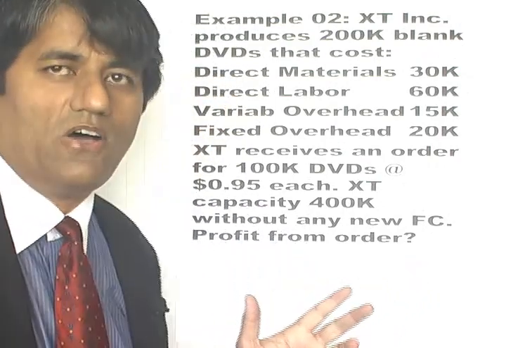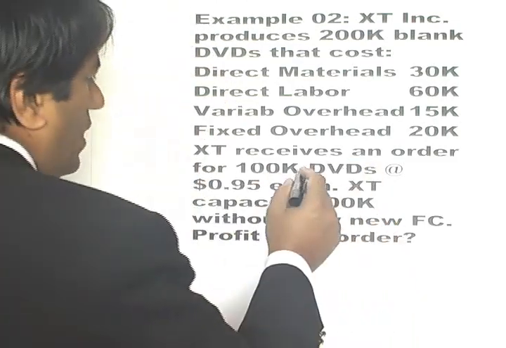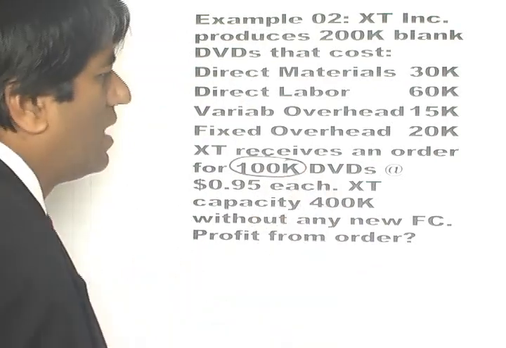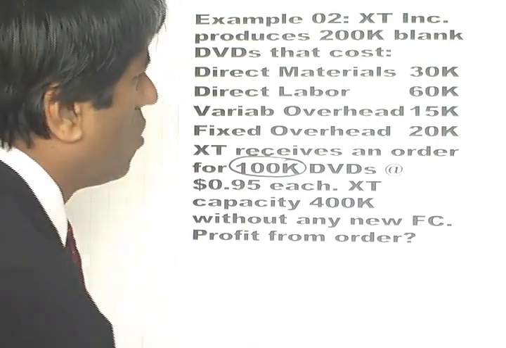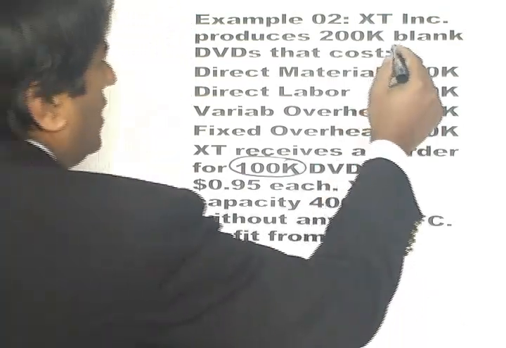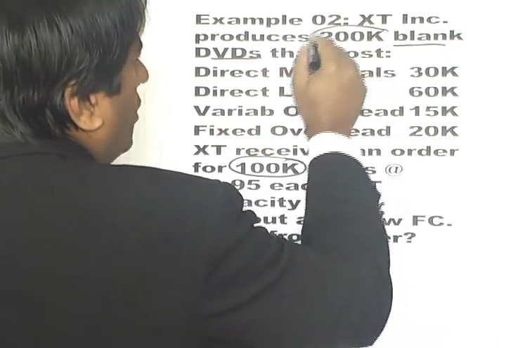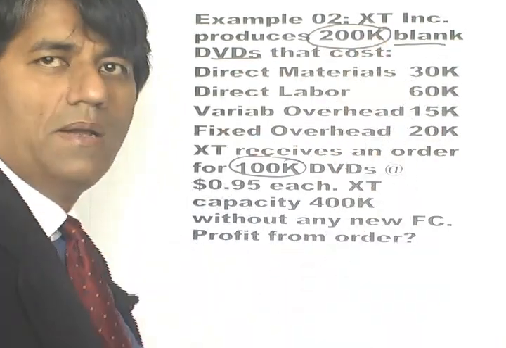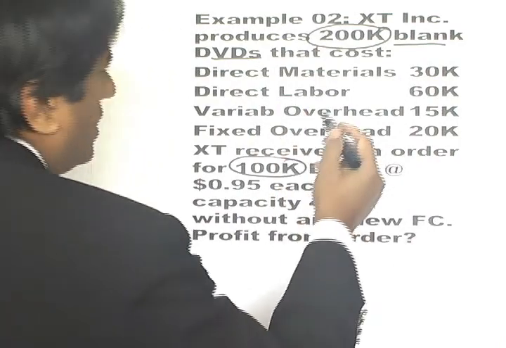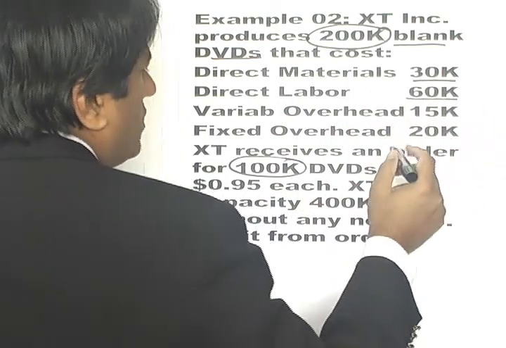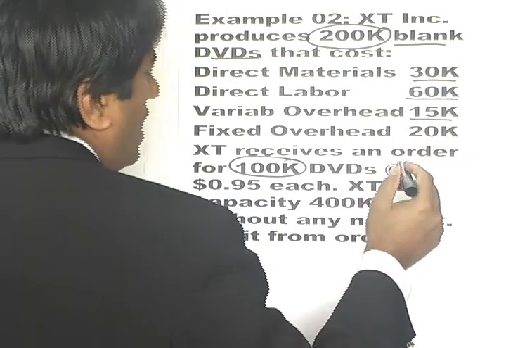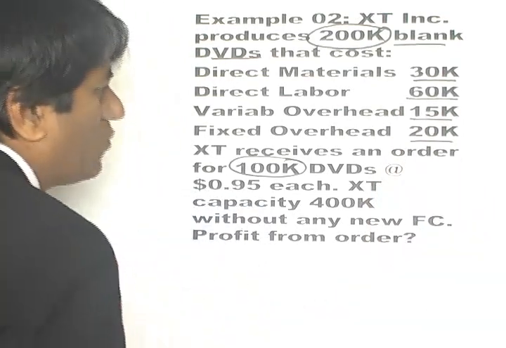Here we have an example of a firm, and you're given the cost data for its existing production, and it receives a new order of 100K units, and the question asks, what is the profit from this new order? This firm produces blank DVDs, and currently it produces 200,000 blank DVDs, for which the direct materials cost is 30,000, the direct labor is 60,000, variable overhead is 15,000, and fixed overhead is 20,000.